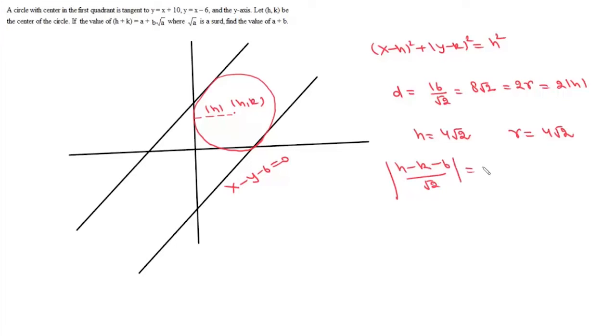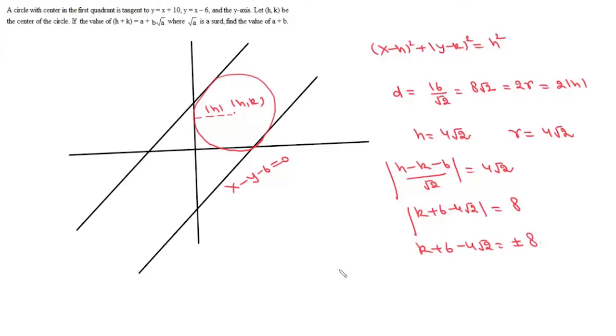It should be equal to 4 root 2. Now h is 4 root 2, so we can write k plus 6 minus 4 root 2 will be equal to 8, or k plus 6 minus 4 root 2 is equal to plus or minus 8.